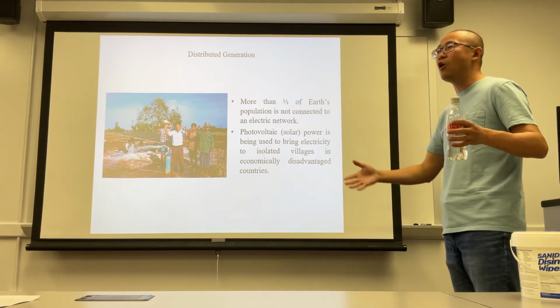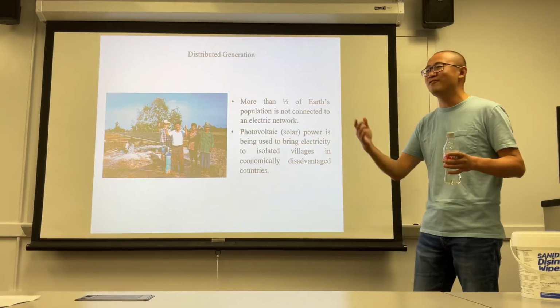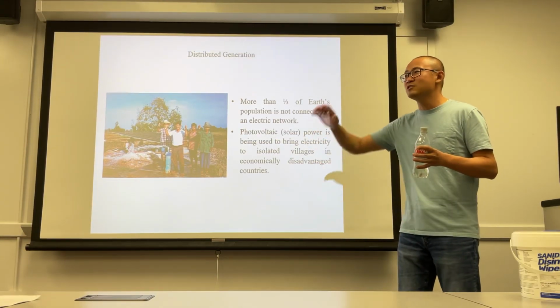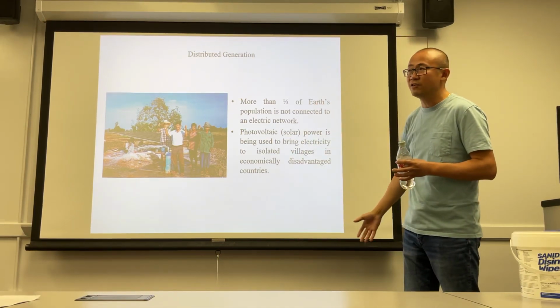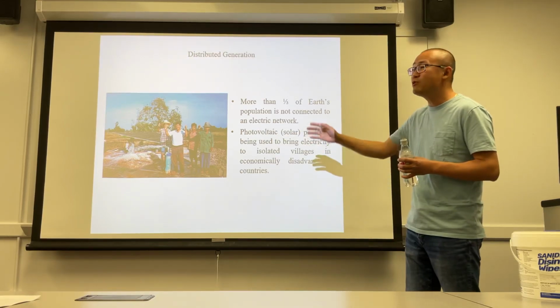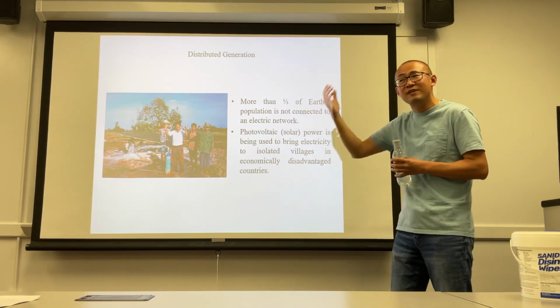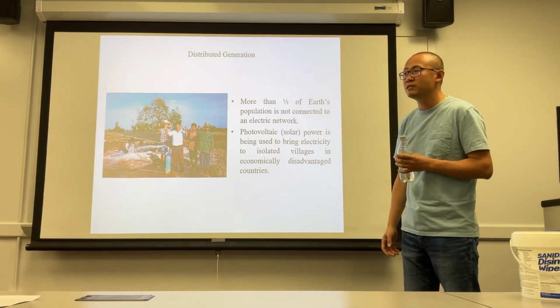We're all privileged to use electricity. We don't even think about where the electricity comes from because we're connected to a huge network. But a lot of places on this planet don't even have a network, so they have no access to electricity.